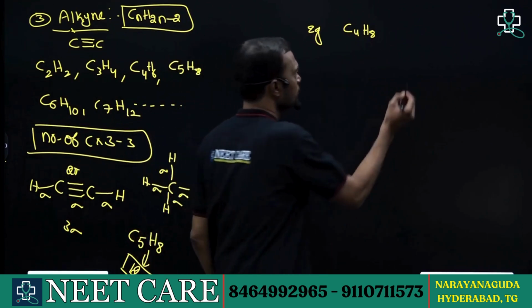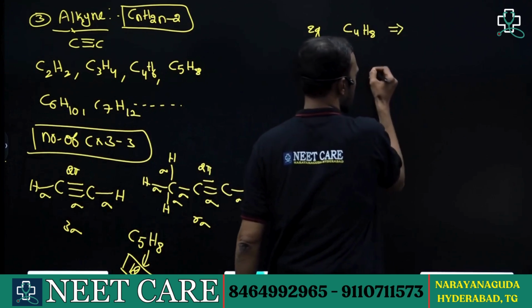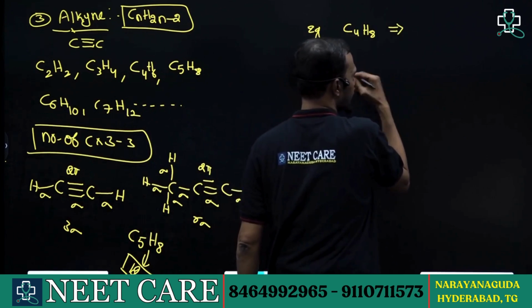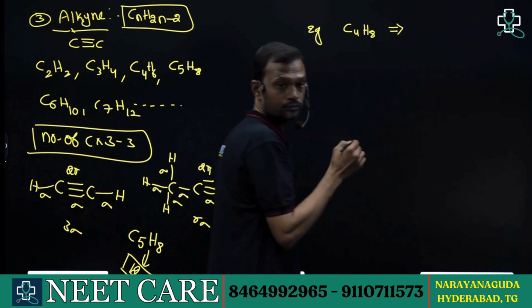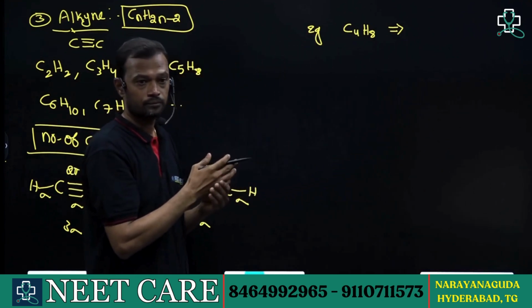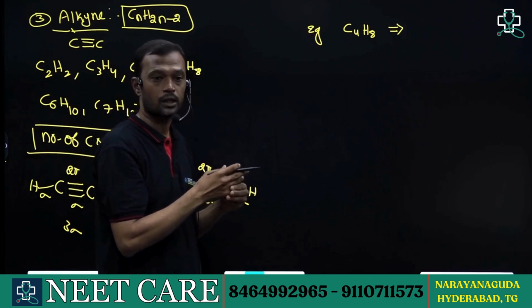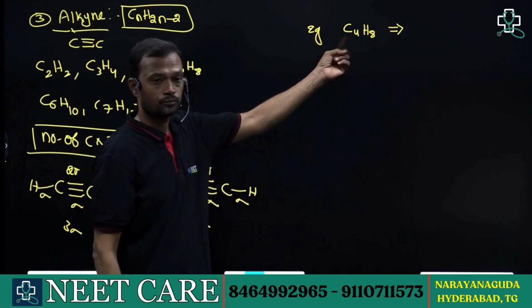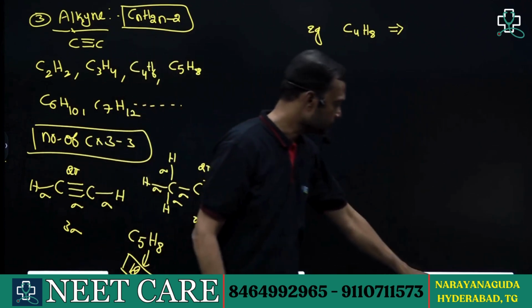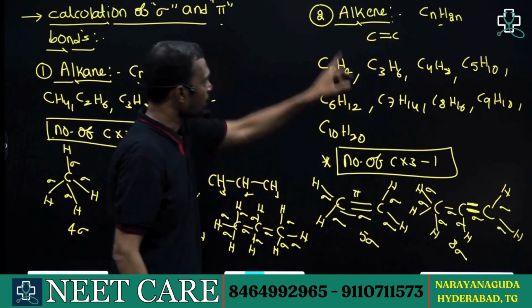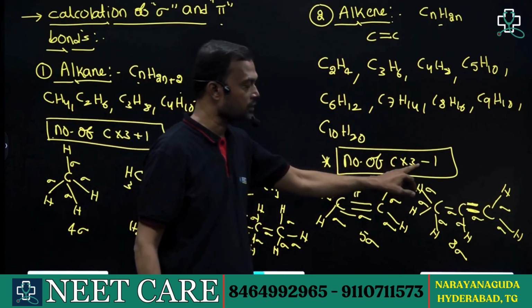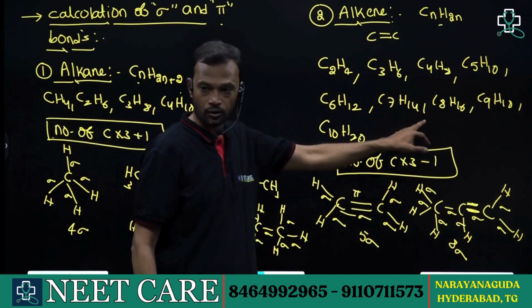How many sigma bonds are present in this one? 11. Why? What is the alkene formula? Number of carbons multiplied with 3 minus 1. Is it alkene or not?